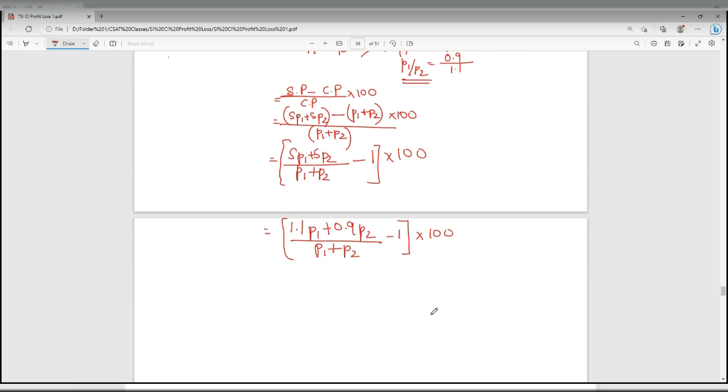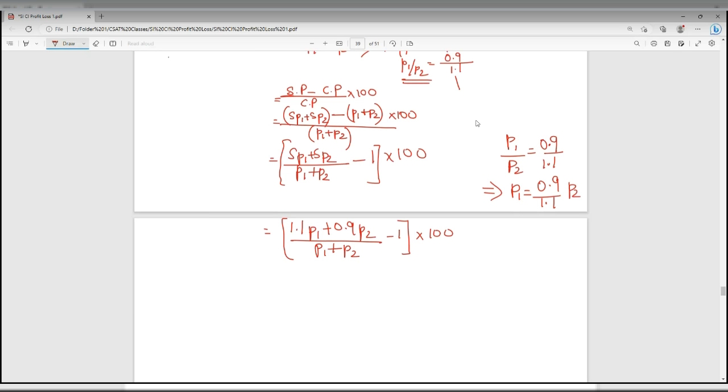Now we know from this equation that P1 by P2 is equal to 0.9 divided by 1.1. This implies P1 is equal to 0.9 divided by 1.1 P2.